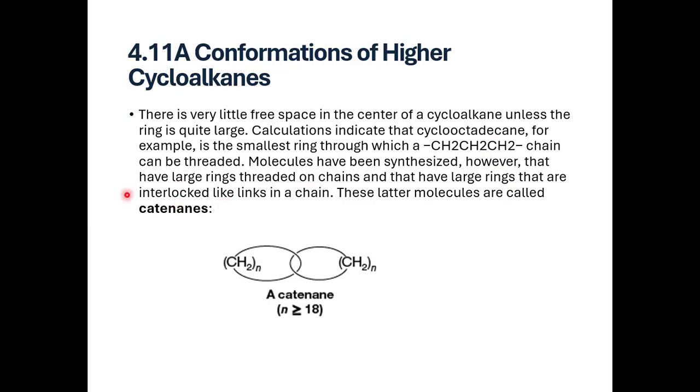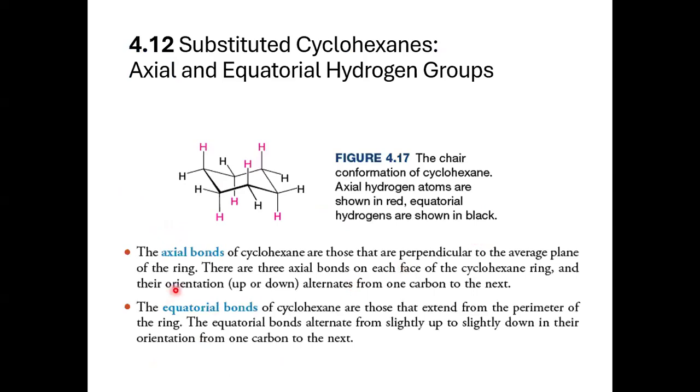These large rings, threaded by chains, are interlocked like links in a chain, and we call this type of molecules catenanes. Especially for a number of carbon atoms greater than 18, you will have small rings interlocking with each other because of the large carbon chains.